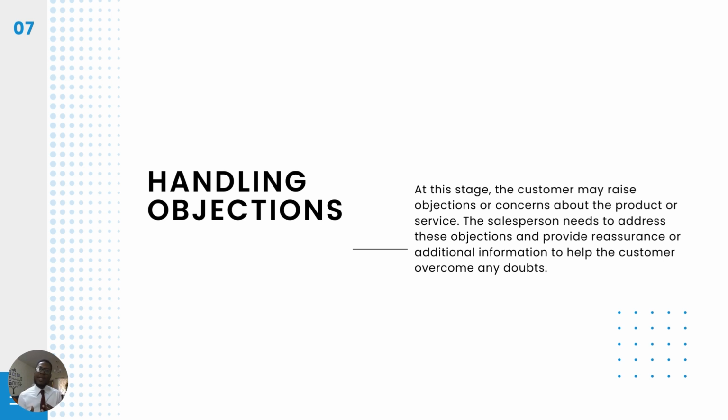So when the client has those questions based on the presentation that you would have provided, and they raise those objections or concerns, it is now your duty as a salesperson to address them by providing reassurance or additional information to better help the customer understand what it is that you're trying to provide, or overcome whatever doubts they may have about your particular offer.